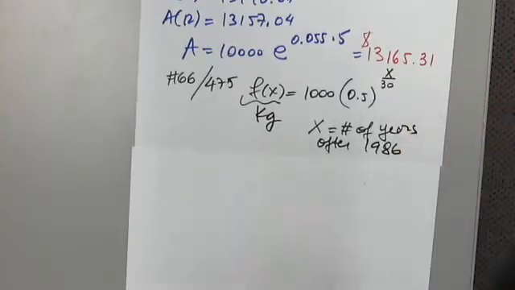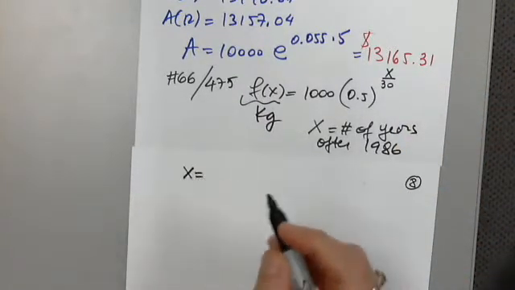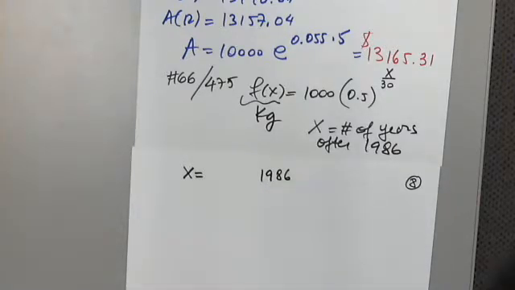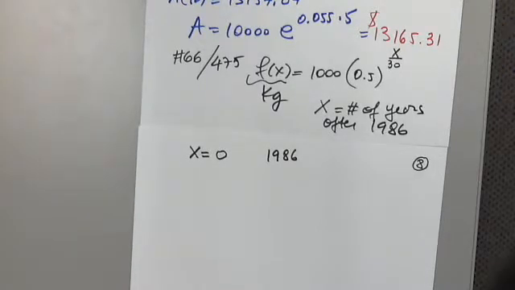So what does x represent? How much is x for 1986? 0. Of course. That's what x equals 0 represents. 1986 represents x equals 0.